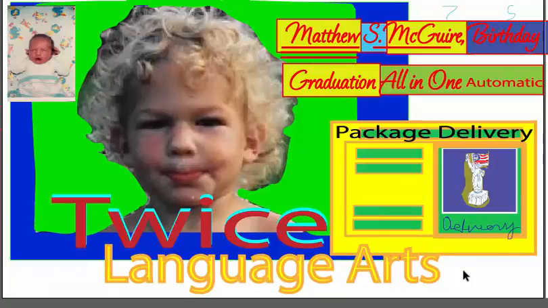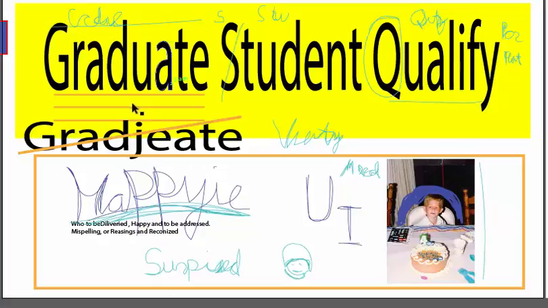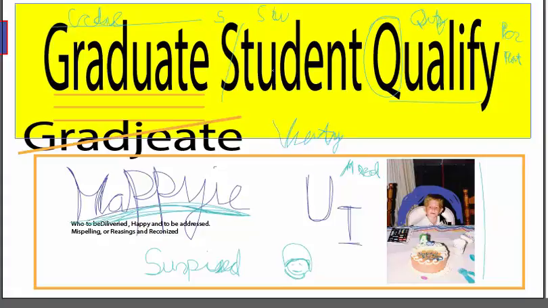Anybody may not be used to seeing these things, and this is an example most of us have seen from where I left off, talking about UI, being surprised, and knowing about variety, as well as spell check and stuff like that.